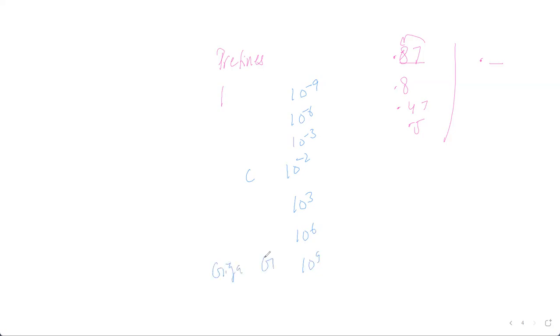Giga is denoted as capital G, mega as capital M, kilo as small k, centi as c, milli as small m, micro like this, mu, and nano as small n.